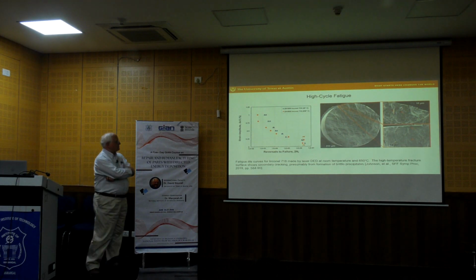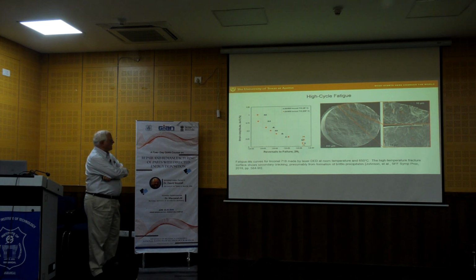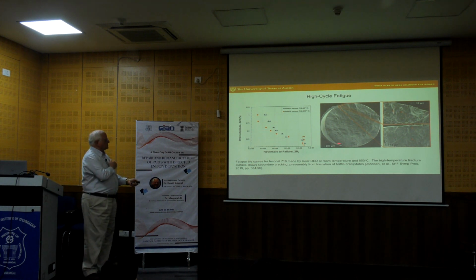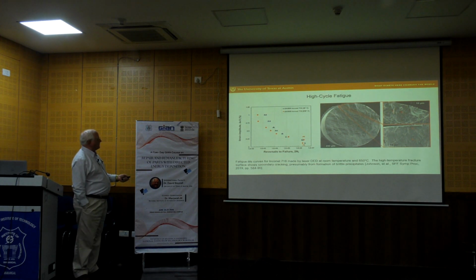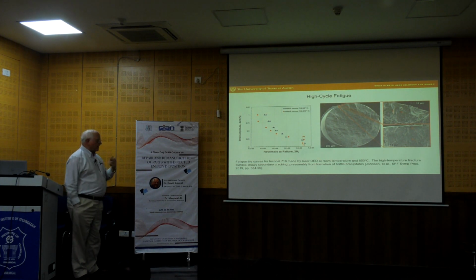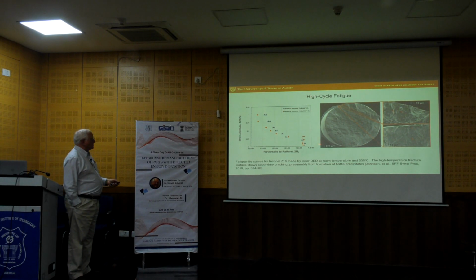So let's look at some microstructures and some values. In high cycle fatigue, this is directed energy deposition. It's a plot of the strain amplitude in a constant strain amplitude fatigue test versus the number of cycles to failure.